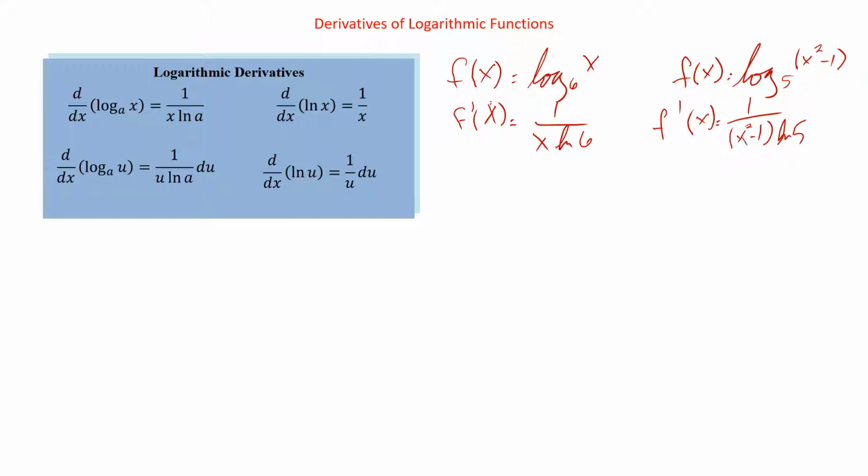Don't forget that natural log. That's, again, one of the common mistakes. And then times the derivative of our x squared minus 1, which is 2x. And we could move that on top if we wanted to. So we have 2x over x squared minus 1 natural log 5.